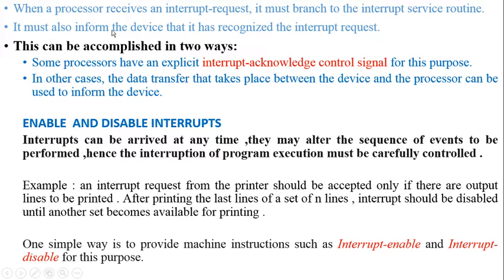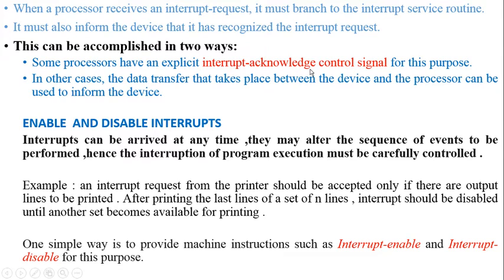One more thing the processor wants to do is inform the requesting device that its request has been recognized and that the processor is going to execute it next. So the processor needs a mechanism to inform the device about this recognition. We have two mechanisms. Some processors have an explicit interrupt acknowledgement control signal for this purpose.